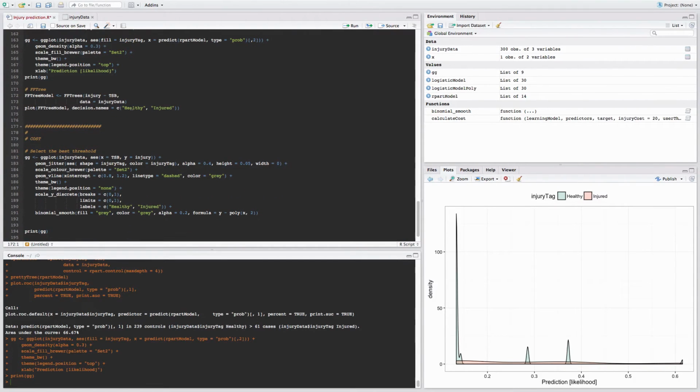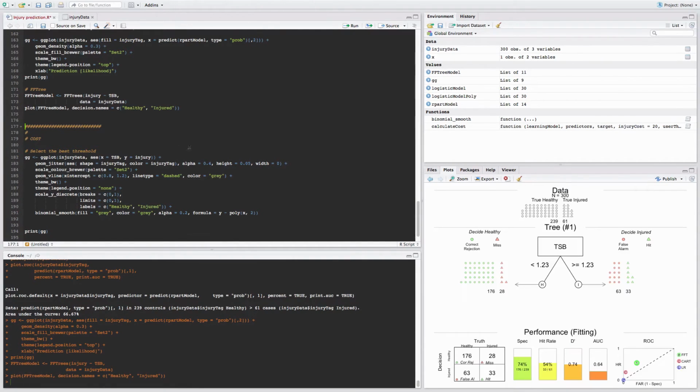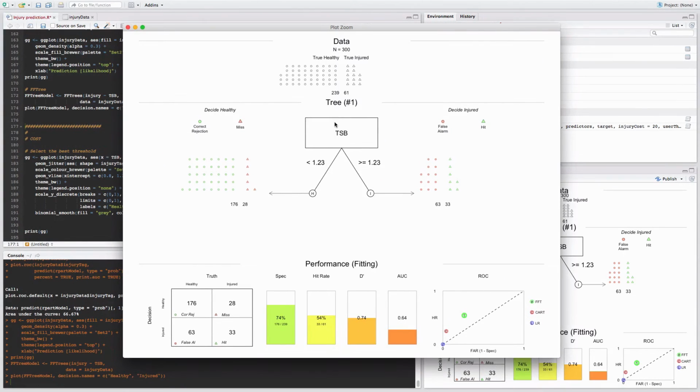Another one is fast and frugal trees, which is quite a useful package, and let's zoom in on this. It gives us a really nice graphical output that shows us the tree we got, the data, and the performance. As I said, we have 300 athletes, 61 injured, 239 healthy, and then the model decided to use training stress balance.